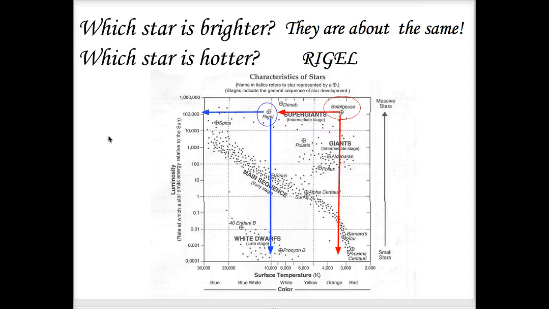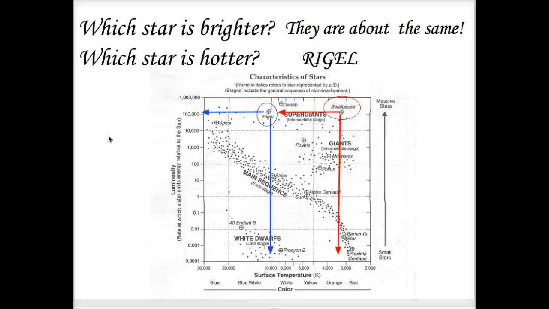Okay, so which star is brighter? Well, they're about the same, because they both line up with close to 100,000 times more luminous than our sun. But for temperature, since Rigel is further to the left, it is definitely a lot hotter than Betelgeuse, about 10,000 K, or Kelvin, versus Betelgeuse somewhere around 3,500 K.